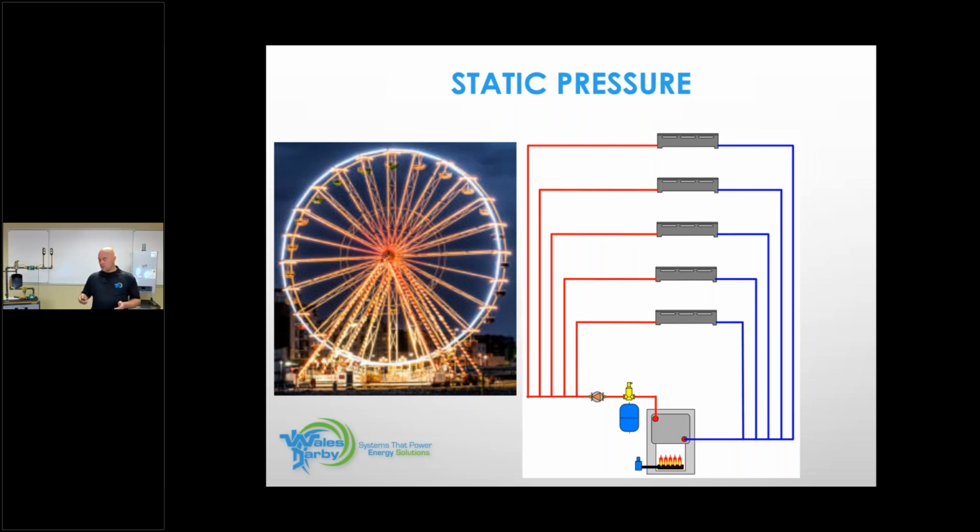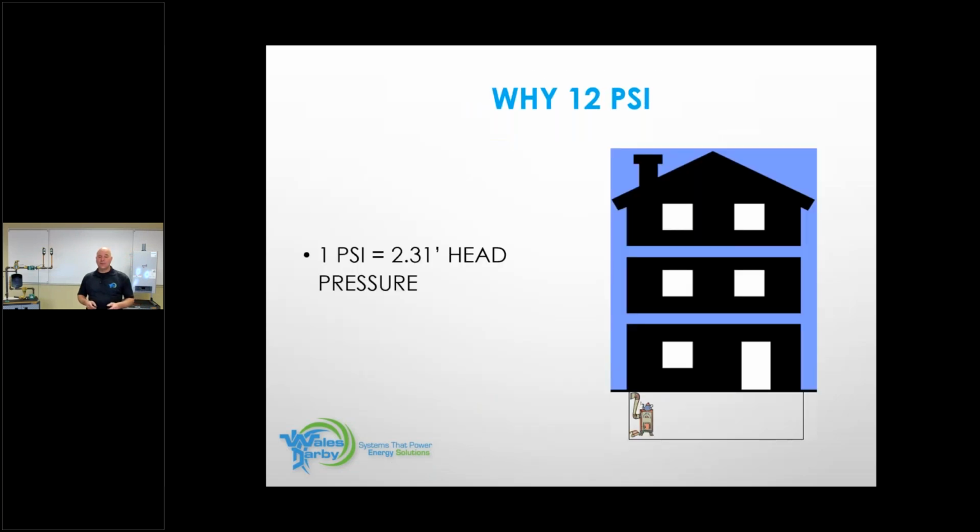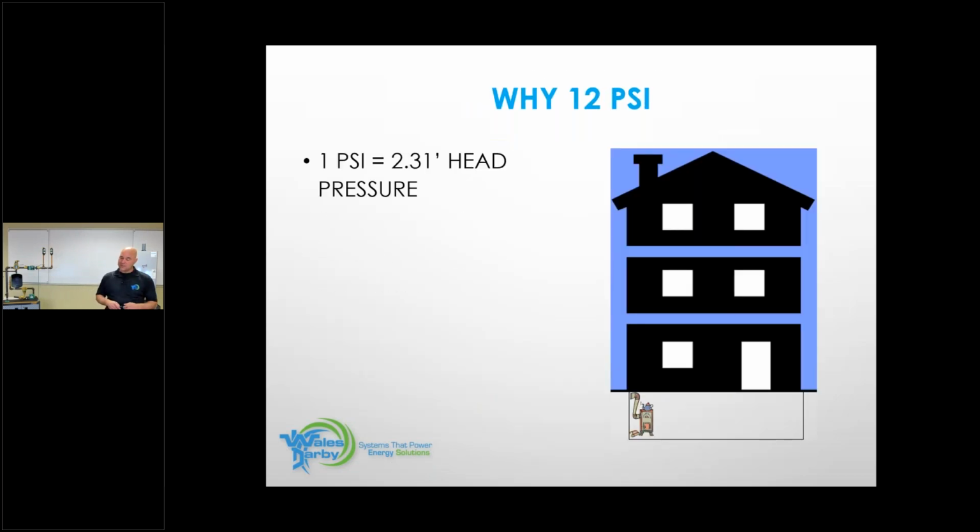And with static pressure, which is our goal here, 1 psi, again, gives 2.31 feet of lift. So 12 psi, which is our standard feed valve that comes from pretty much every manufacturer out there: 12 psi times 2.31 equals 27.72 feet.